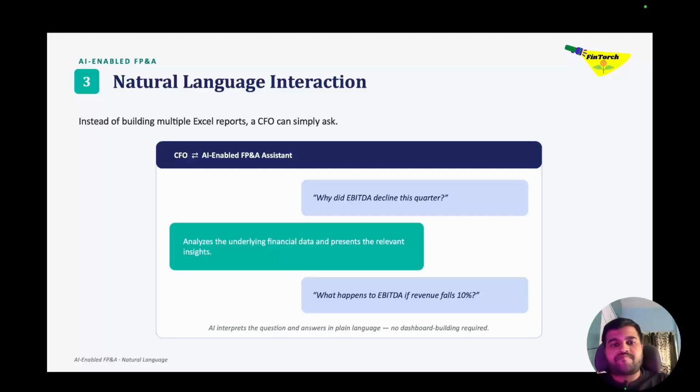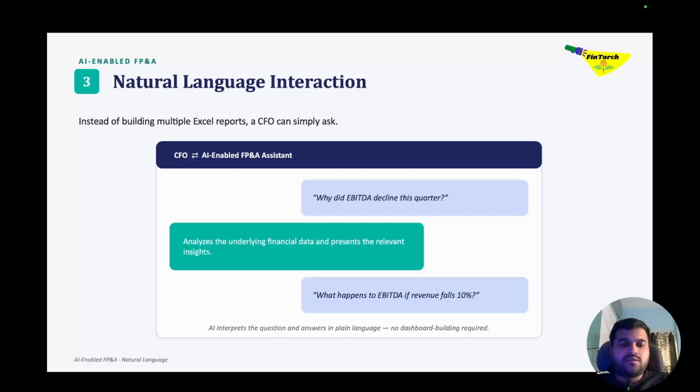Earlier, the CFO probably used to send an email to a subordinate asking for the reason behind a particular financial variable going down or up, and it used to take longer. Now this has been taken over by an AI enabled FP&A assistant, which can be accessed within your phone, your laptop, or the company system.